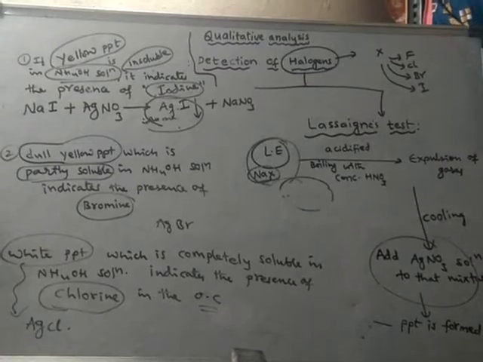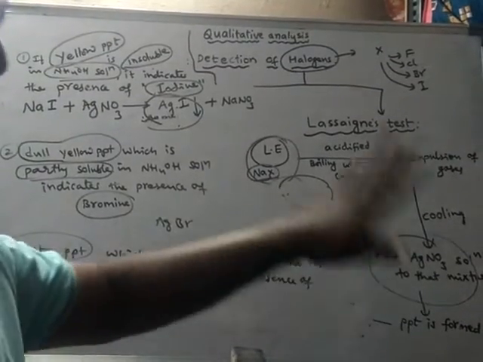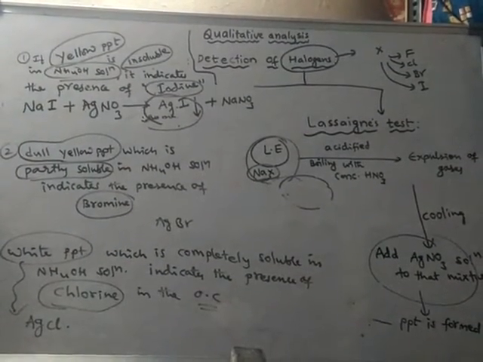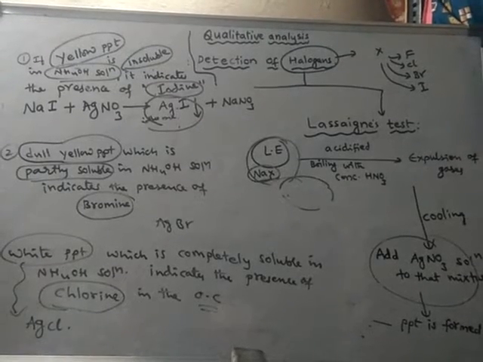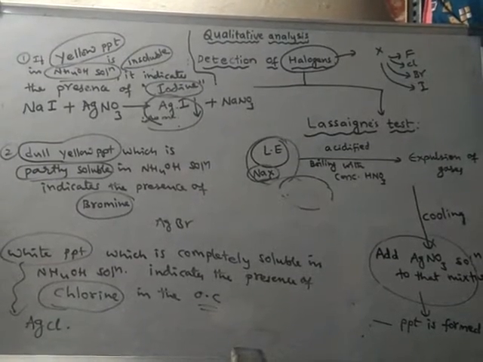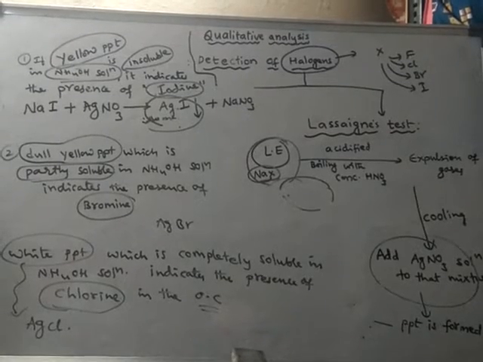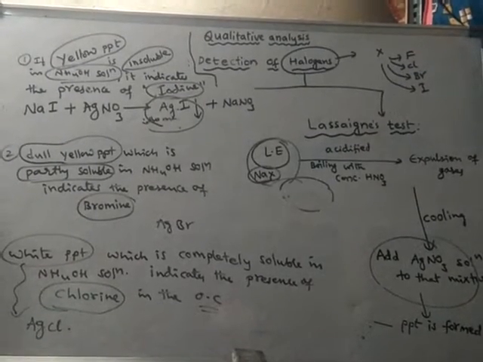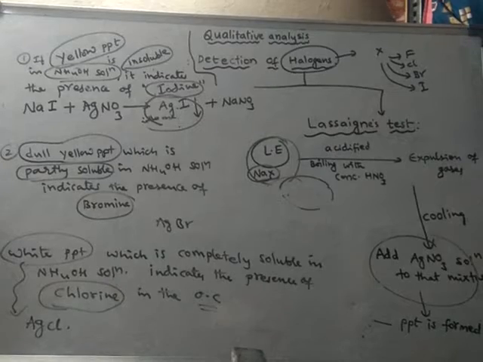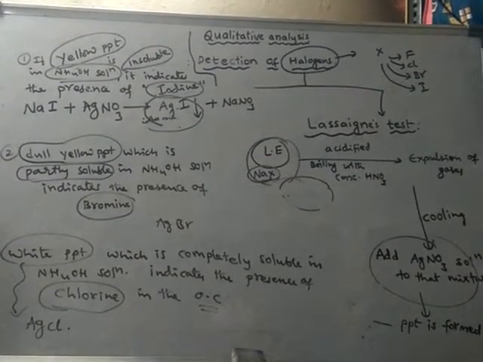So finally, if the precipitate is soluble and white in color, then it indicates the presence of chlorine. If the precipitate is dull yellow and partly soluble in ammonium hydroxide, then bromine is present in the organic compound.